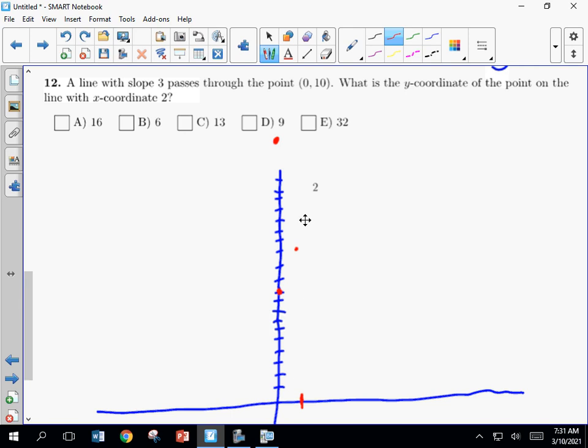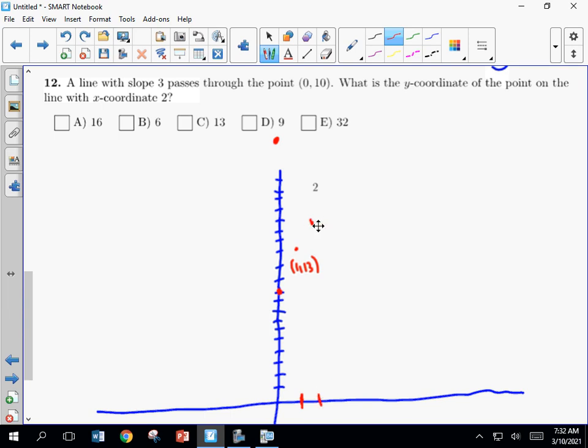So what that tells us is this point right here is 1, 13. We're looking for the y-coordinate that has the x-coordinate 2. So we're going to do it again. We're going to go up 1, 2, 3 over 1.